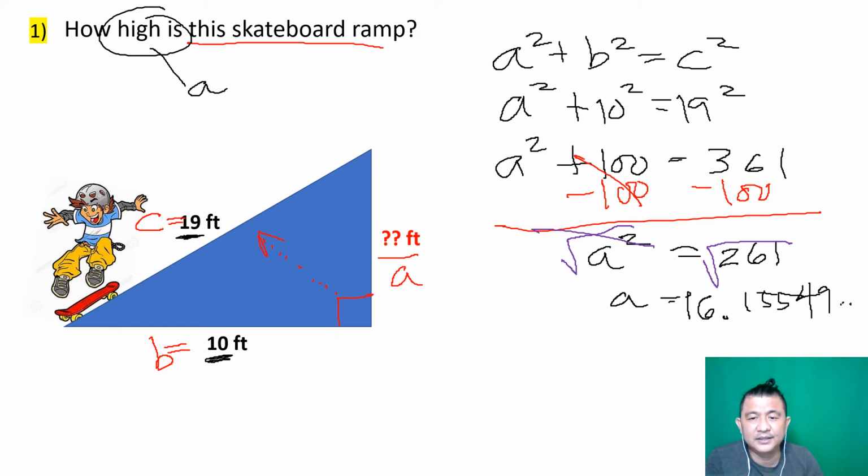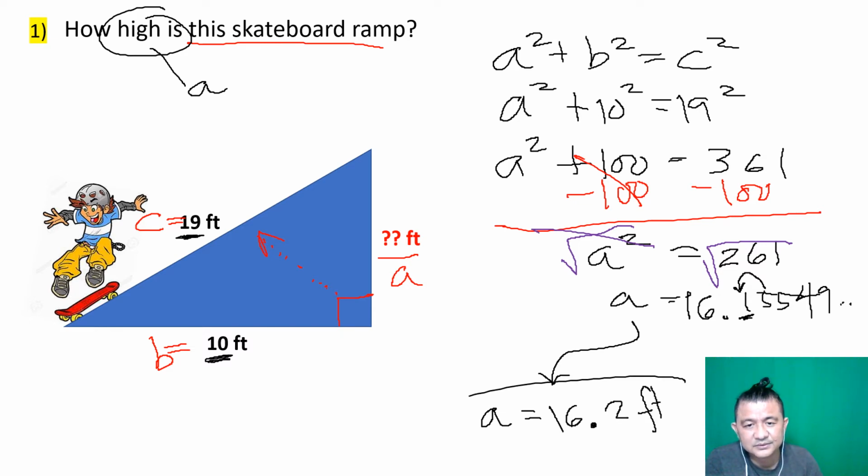Okay, so I could simply round it. Suppose the teacher asks you to round to the nearest tens, so I could say 16 point... Okay, look at this. The 5 will affect the 1. I'll make it 2 feet. So that's the height of the skateboard ramp.